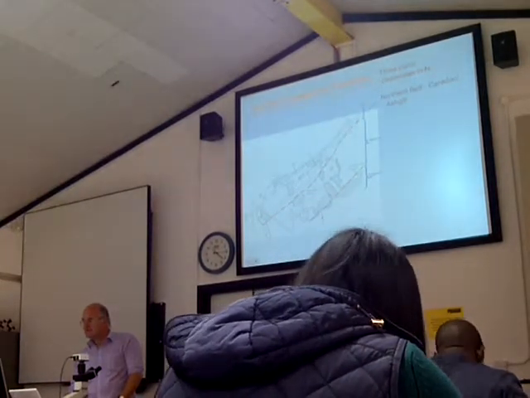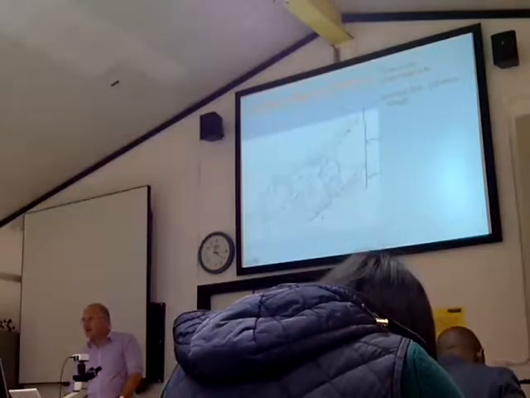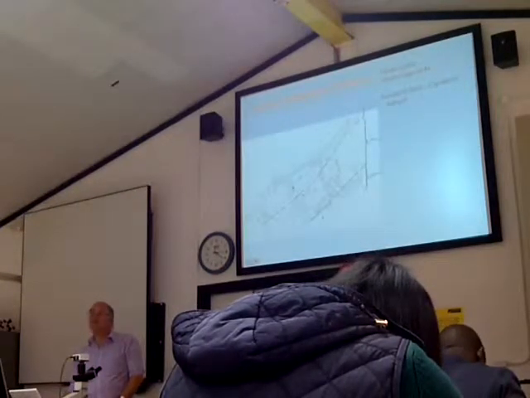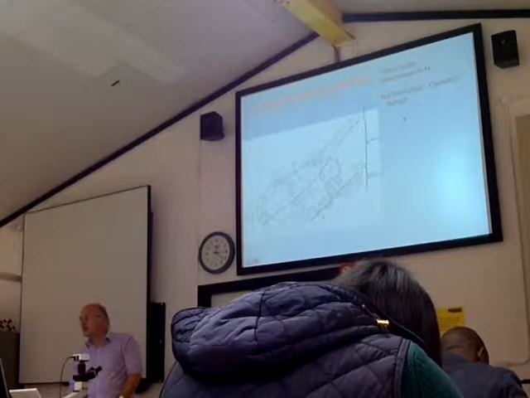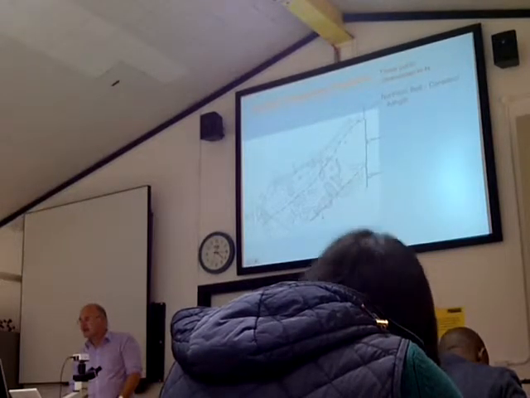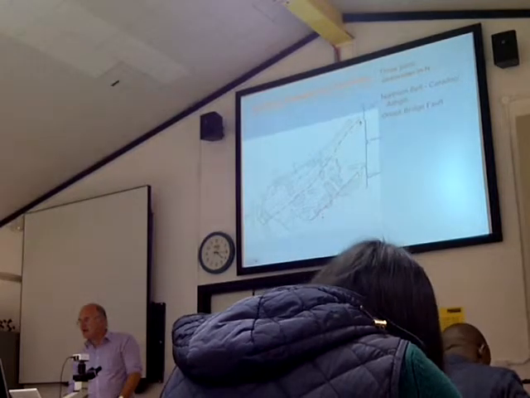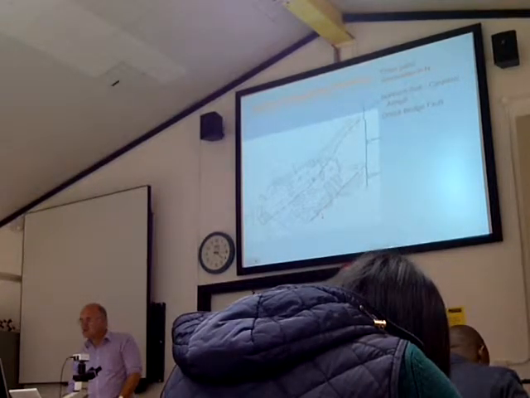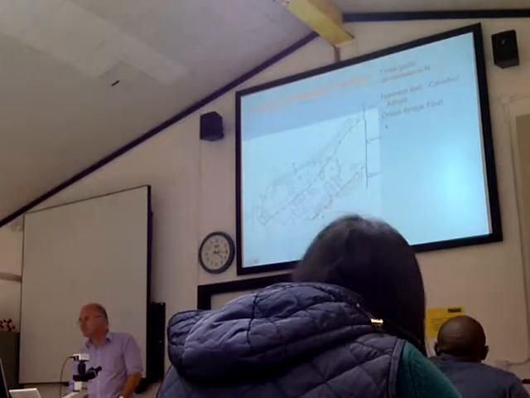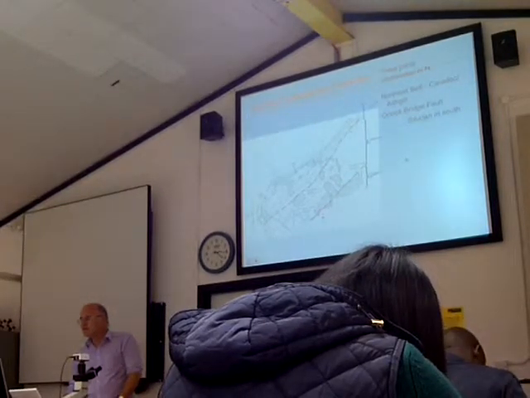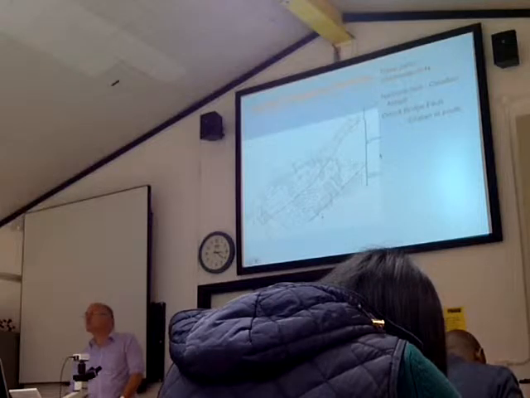So that's this bit here, where the rocks are Ordovician in age, Caradoc and Ashgill. It is separated by a fault, shown in red there, called the Orlock Bridge Fault, from Silurian rocks to the south.